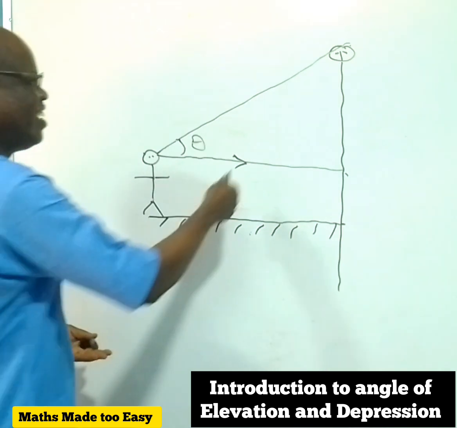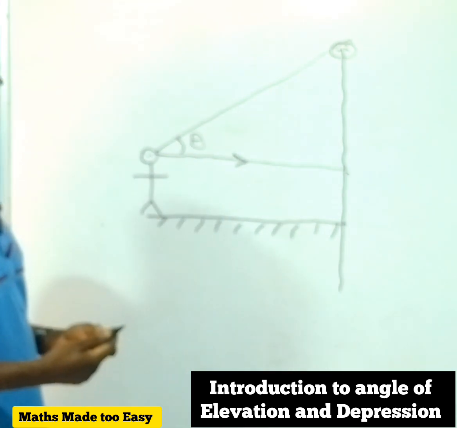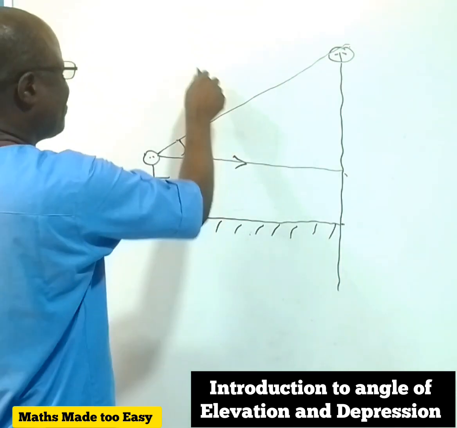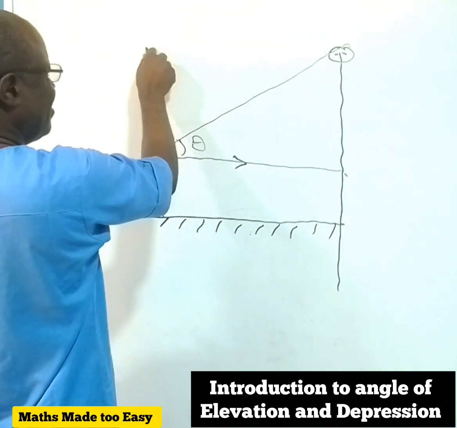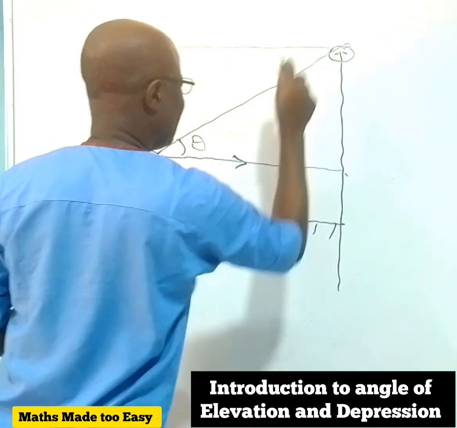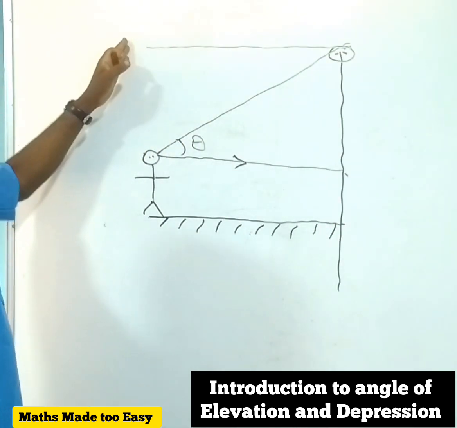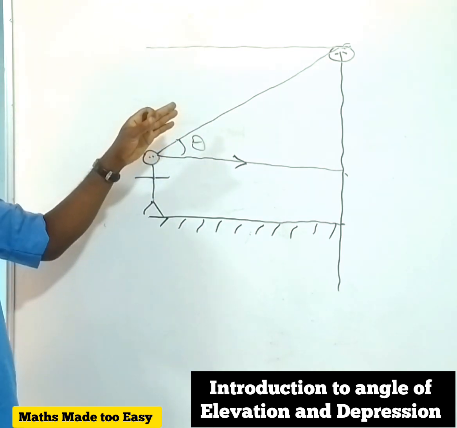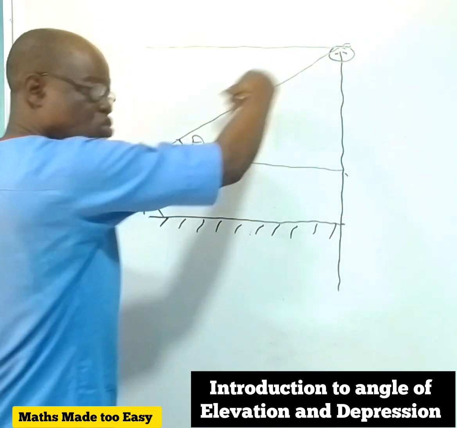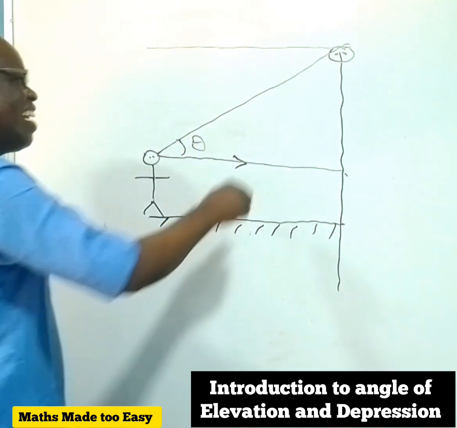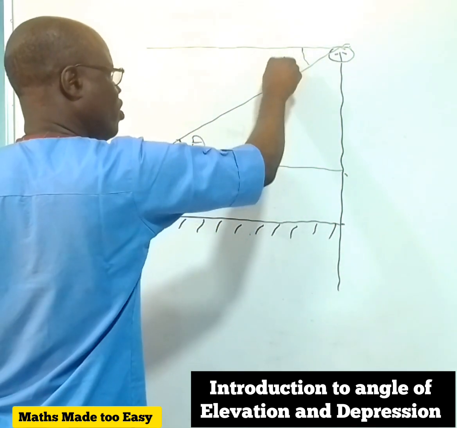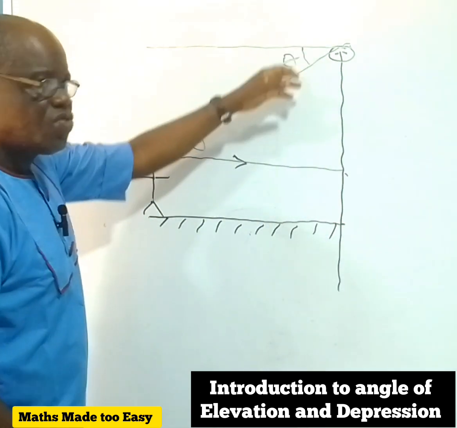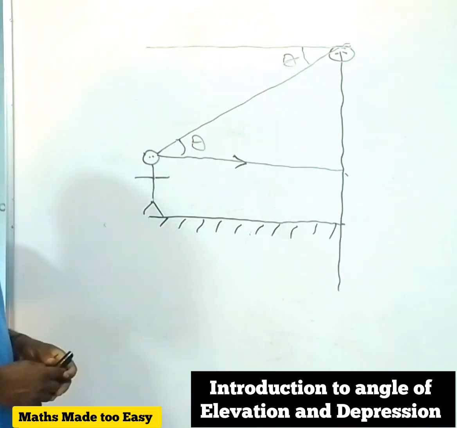Now, the cat also perceives that somebody is looking at it. Let's assume that the cat was looking here before, and it discovered that somebody was down looking at it up. So the cat also now looked down at an angle of theta. This is the angle of elevation. The cat looks down, this is the angle of depression.